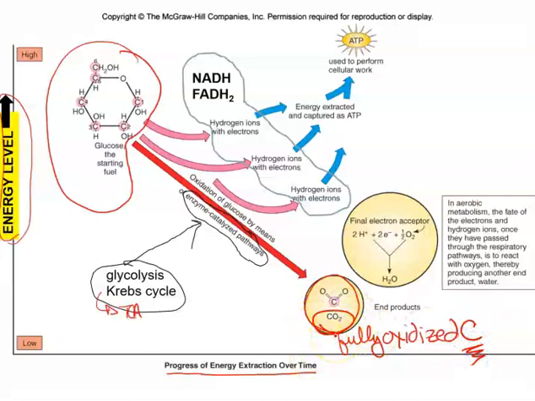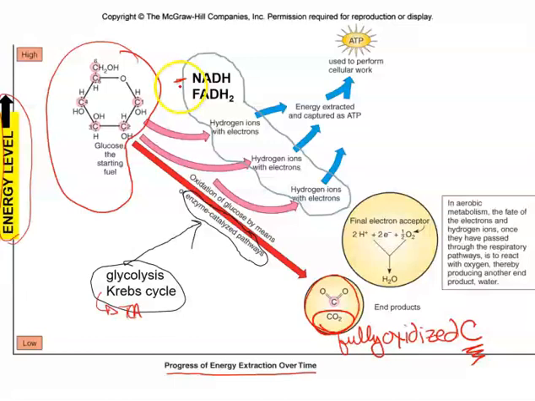So there's 6 carbons in glucose. Once it's fully oxidized, we're going to have 6 molecules of CO2. So for every 1 glucose, we end up with 6 CO2s. In the process of glycolysis, we get 2 NADH out for each glucose that goes in.